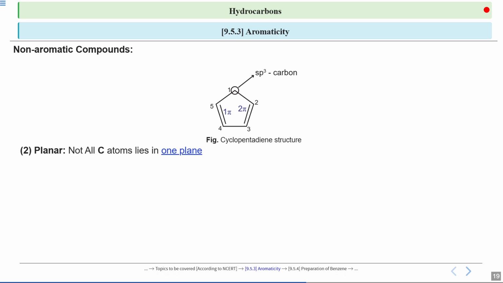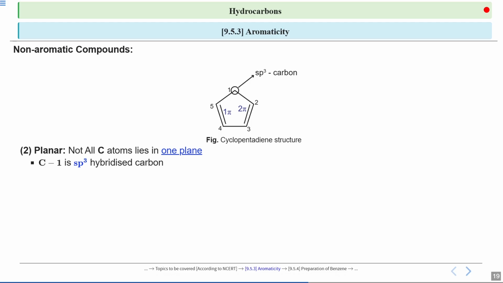As a result of this sp3 hybridized carbon, all carbons will not lie in the same plane. Got it? And this lack of planarity prevents the molecule from having the necessary overlap of p orbitals for aromaticity. Therefore, we can conclude that C1 is sp3 hybridized, making it out of the plane in the ring.